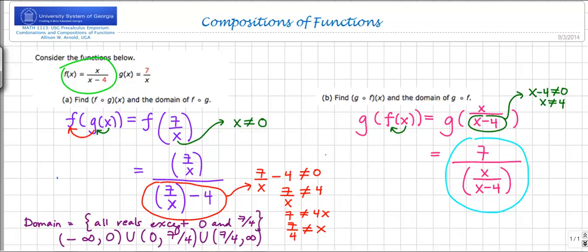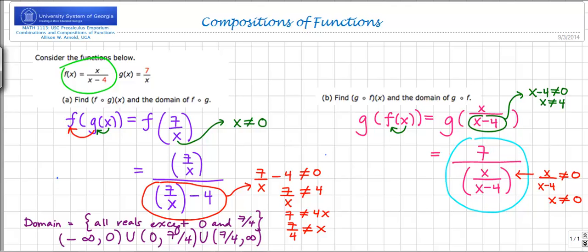Secondly, g of x also had a denominator, and we've replaced the denominator of g with the function f of x, so we cannot have x divided by x minus 4 equal to 0 either, which leads us to the statement that if we cross multiply, x can't be 0.